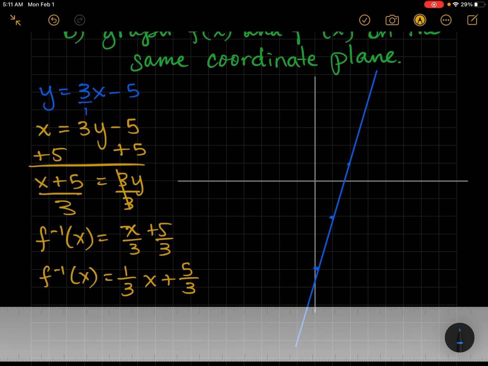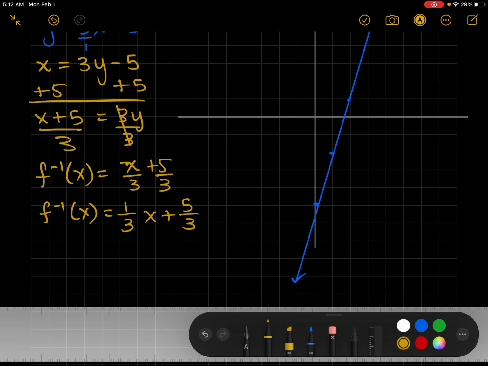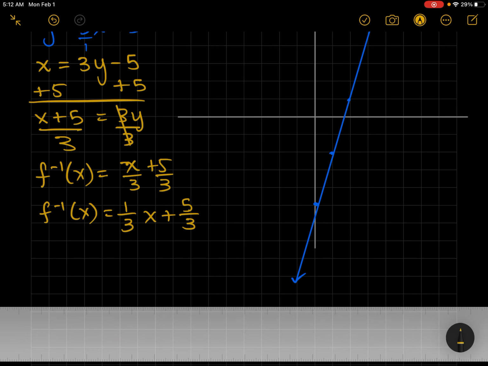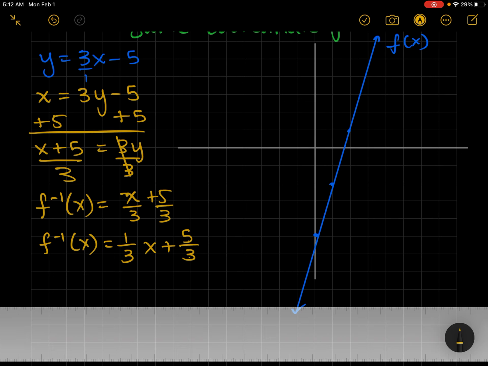Now I'm going to go ahead and graph f inverse of x, and let me make that one yellow, or golden, I should say. So I'm going to start at 5/3 on the y-axis, which is approximately 1 2/3 there.